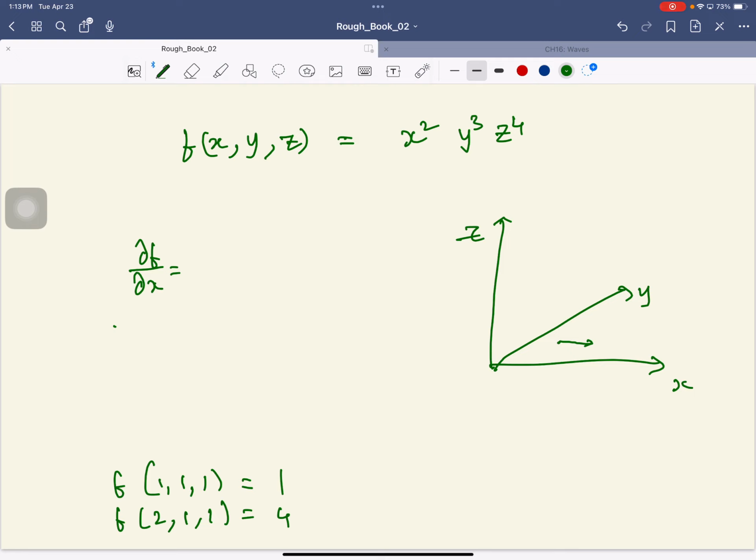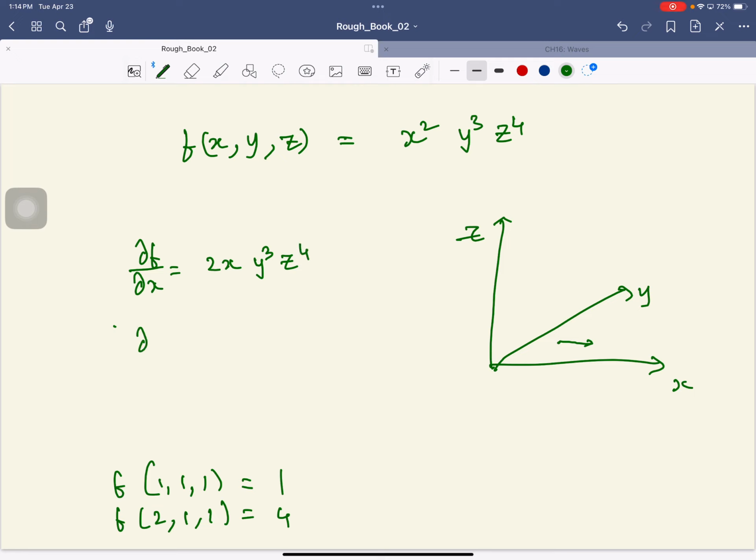So this is the partial derivative of f with respect to x. And when you take the partial derivative, you treat the other variables as constants. So what is del f by del x? Treat the other variables as constant. What is derivative of x squared? That is 2x. There you go. 2x y cubed z to the power 4.